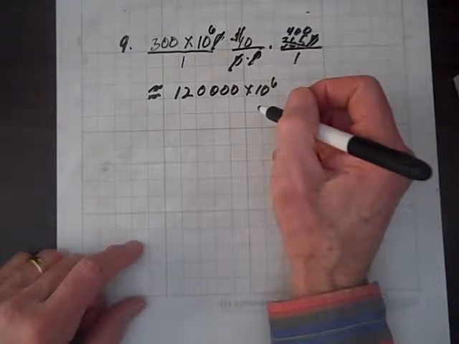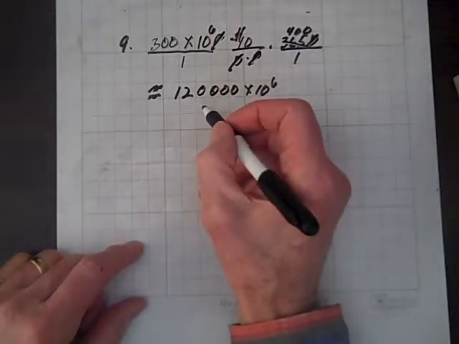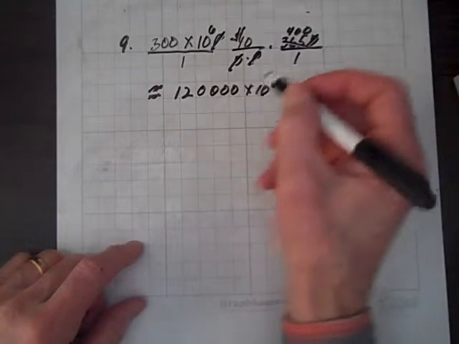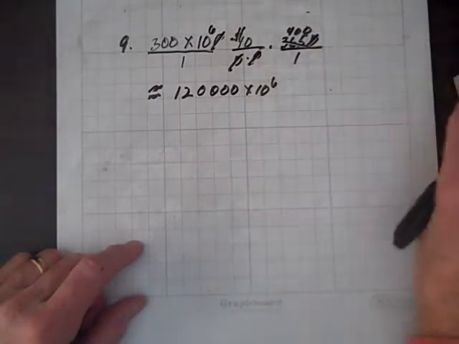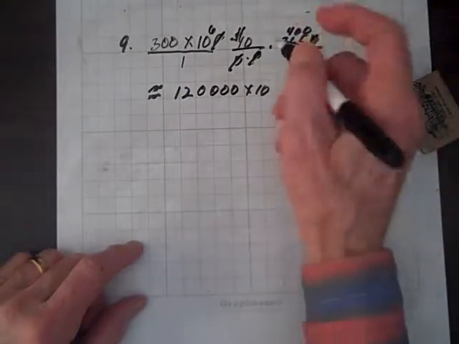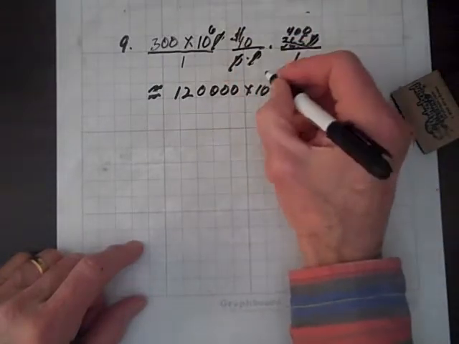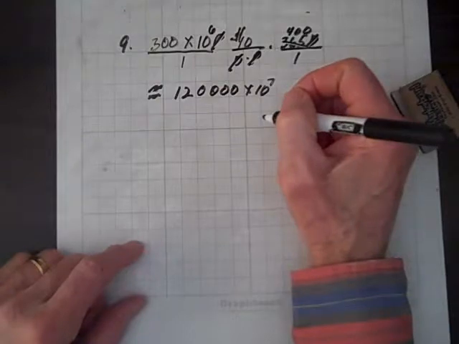And now, oh, did I get that right? No, I didn't include this 0 here. So, excuse me, 10 to the 6th times 10 is 10 to the 7th, isn't it?